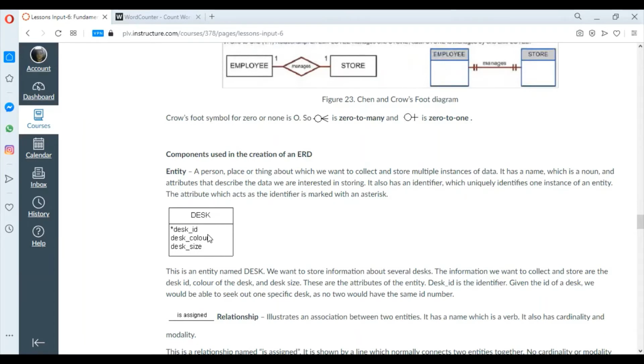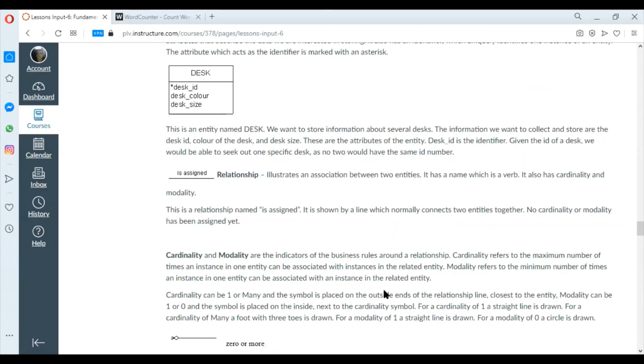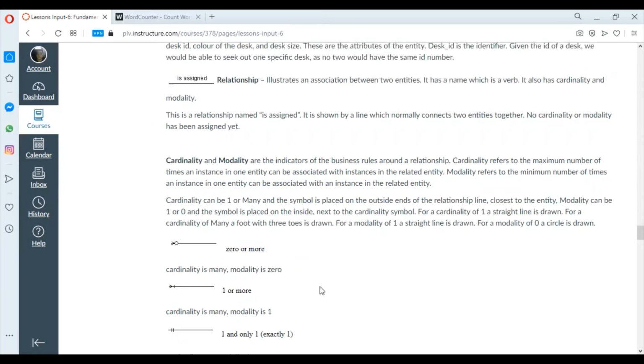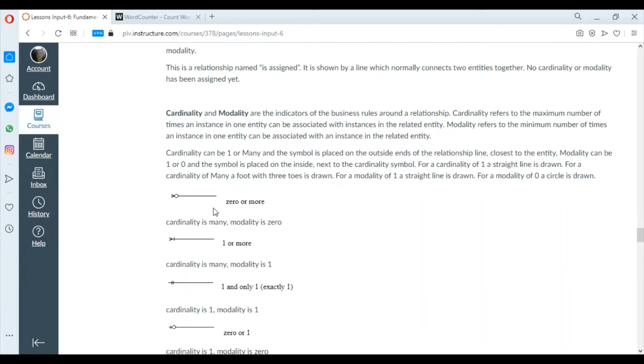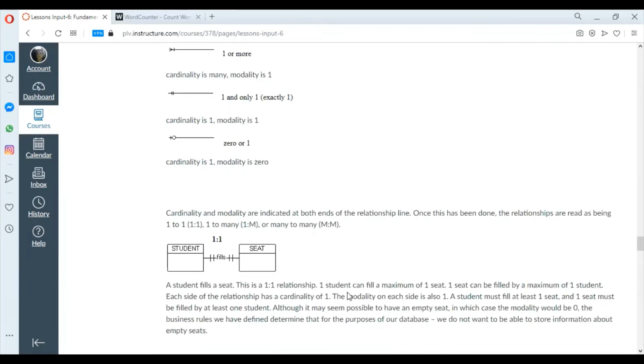This place usually houses the attributes as well as the particular data type of those attributes. A relationship is signified by a line, while the cardinality and modality, as I have said, is signified by this one for the crow's foot. I will not repeat it anymore.